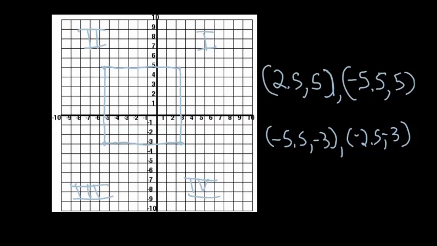So I had two x values of -5 1/2, I had two y values of -3, I had two y values of 5, and two x values of 2 1/2. Oops, that should be a positive, not a negative. So each number is going to be used twice anytime you have a rectangle.